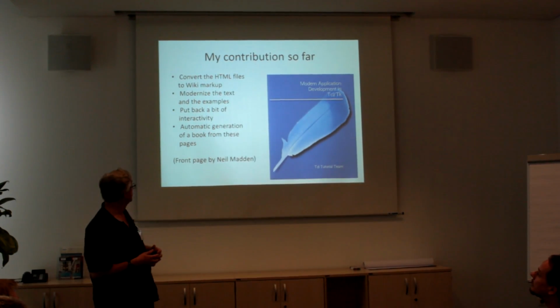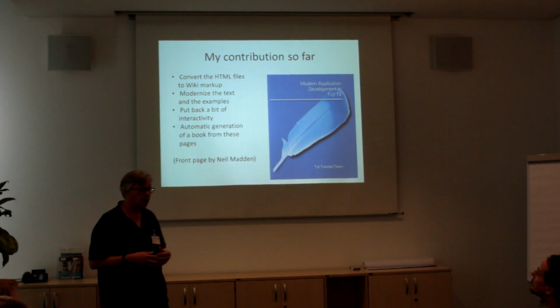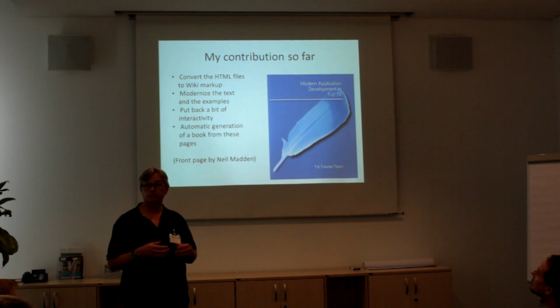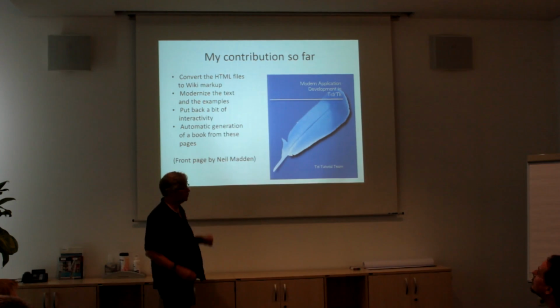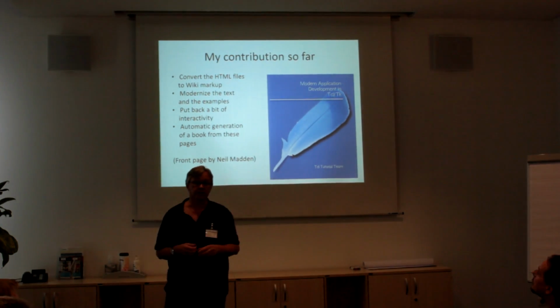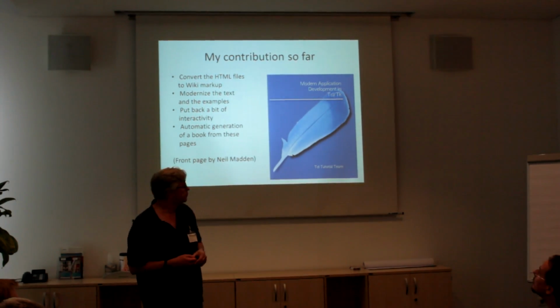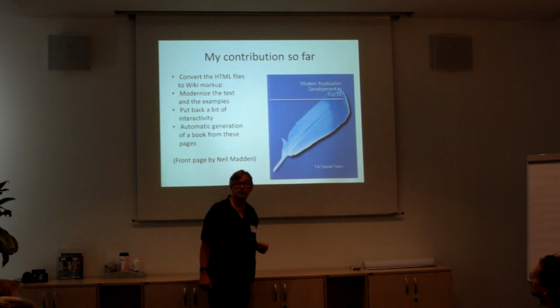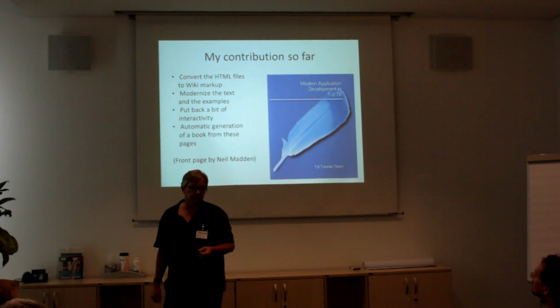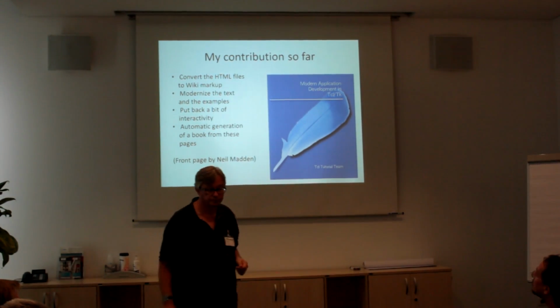So I tried to modernize that. I put in a small bit of interactivity, and also I was able to generate a book from that. This is the front page Neil Madden put up for the book from 2009. So I'm reusing this.